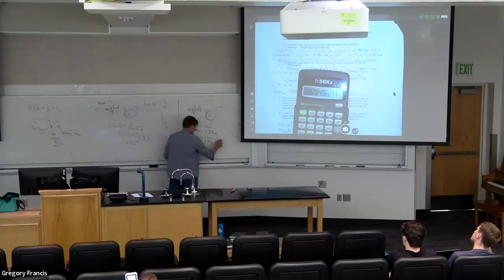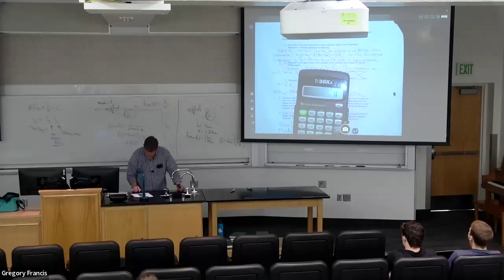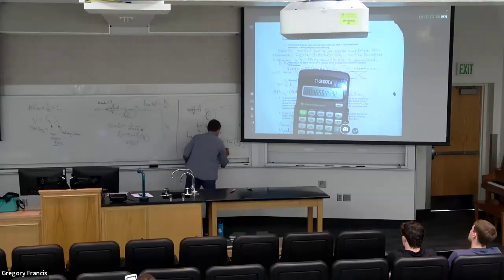And that means that theta is equal to the inverse tangent of 1 over 1.7. So again, I go back to my calculator. I say 1.7, 1 over that, and then I go inverse tangent, 30 degrees. So this is going to be 30 degrees.